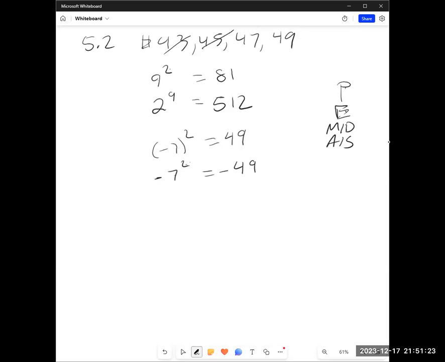Now let's look at -3 to the 6th, as opposed to -3 raised to the 6th.